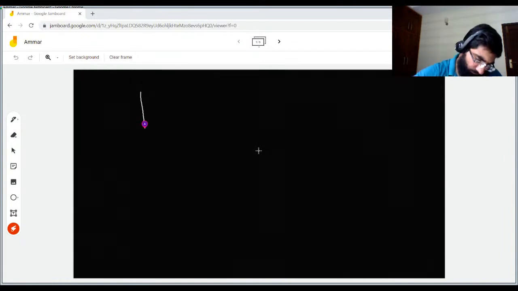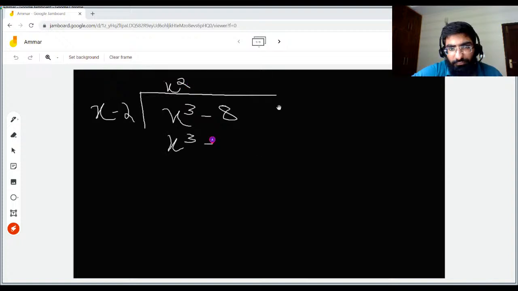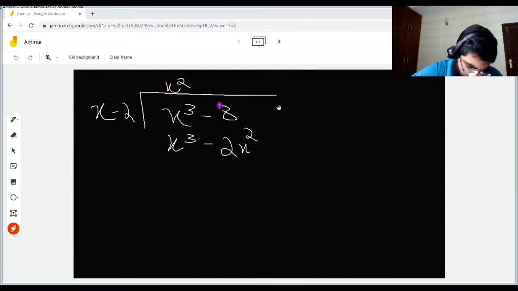Okay. So x cubed minus 8, divided by x minus 2. X squared. X cubed minus 2x squared, 0x squared, 0x and then minus 8.